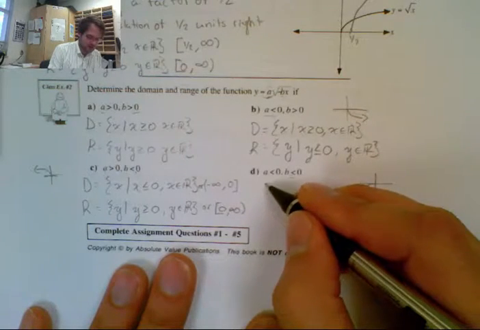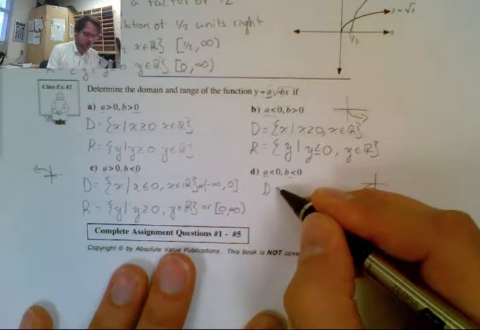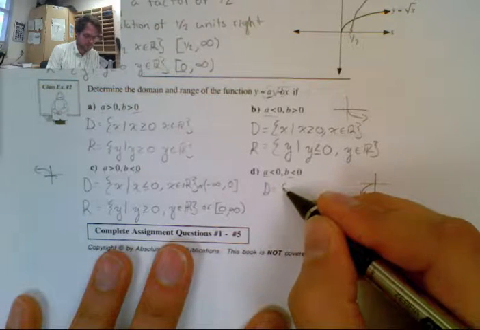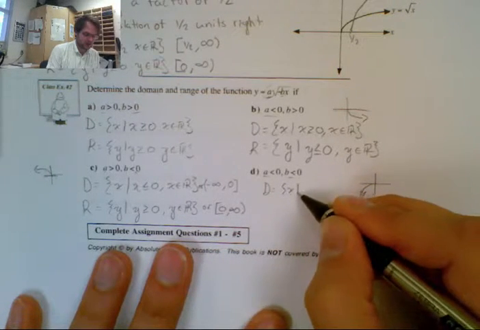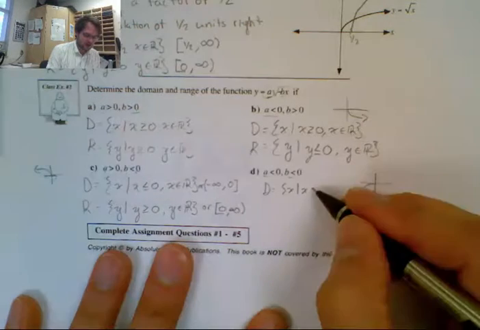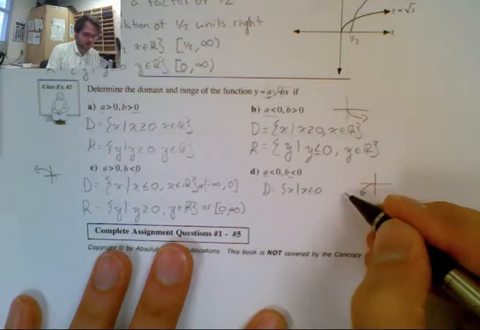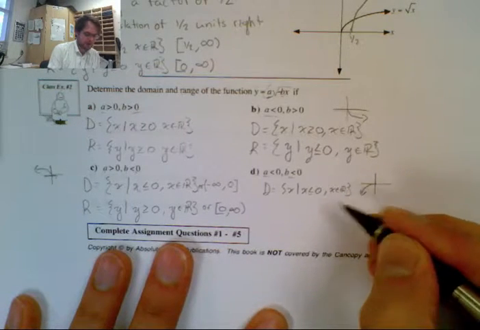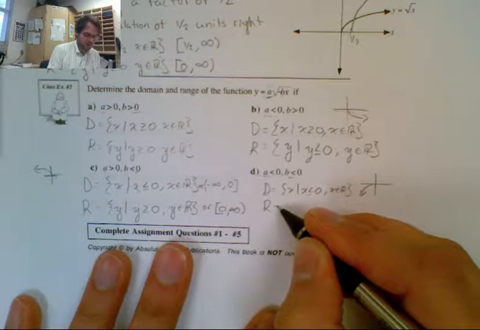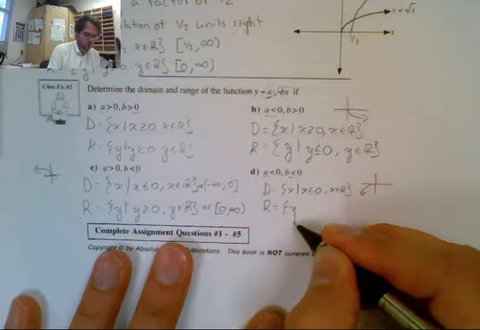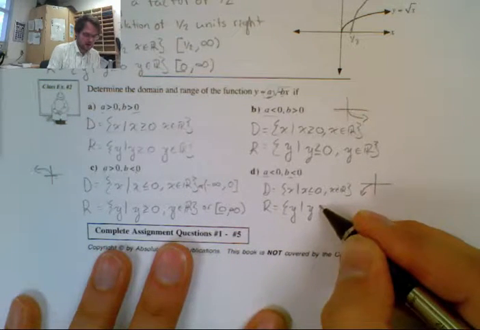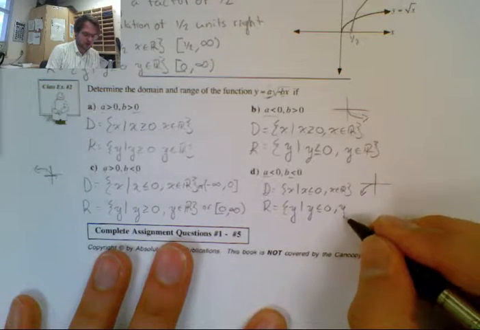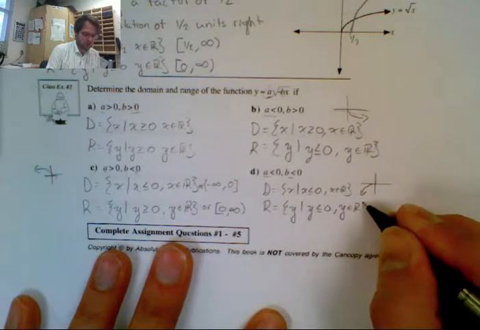So in this case here, my domain is going to be, we're going to have x such that x is less than or equal to 0, and x is an element of all real numbers. And we're going to have my range, we're looking at y such that y is less than or equal to 0, and y is an element of all real numbers.